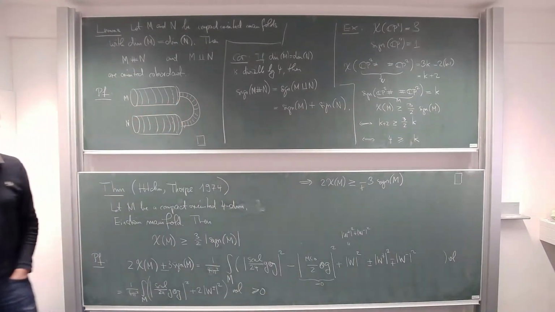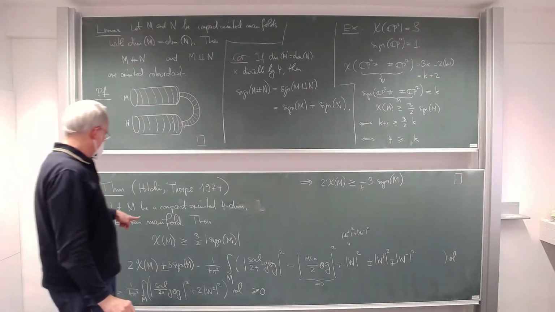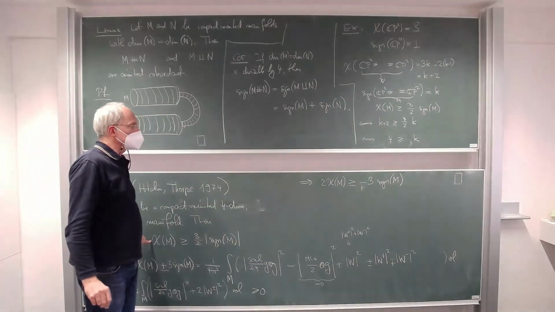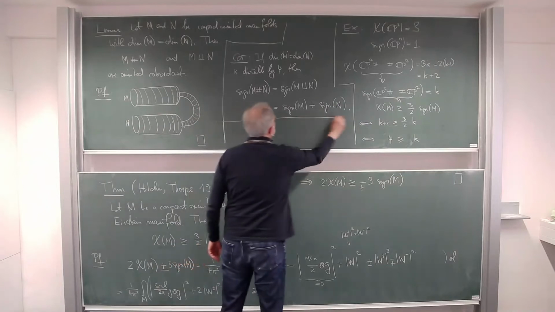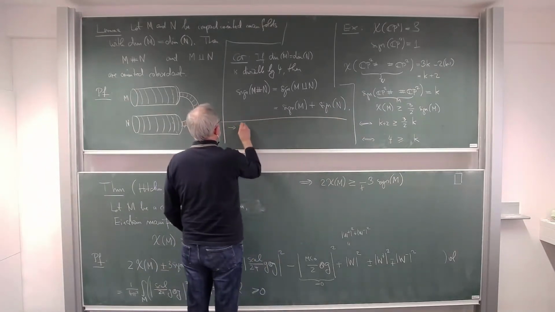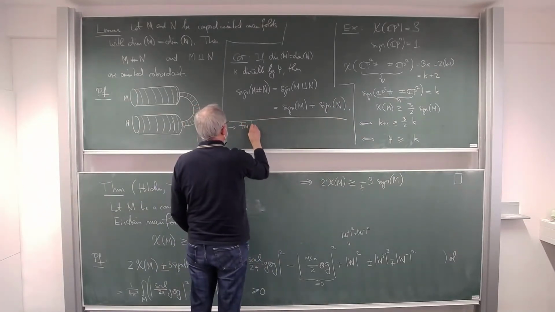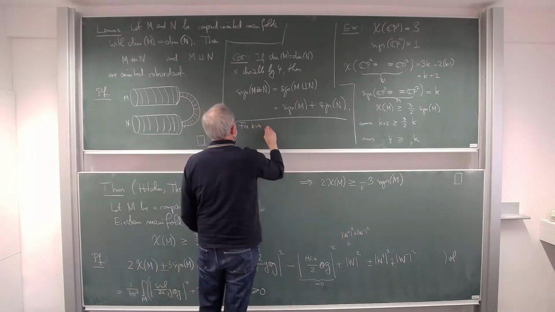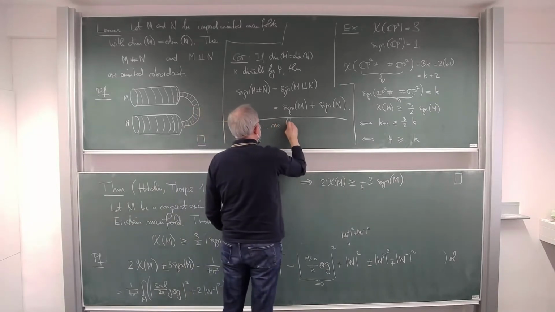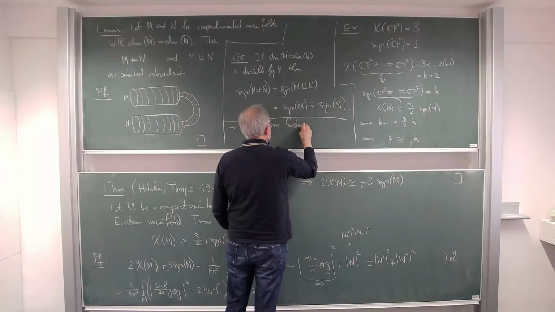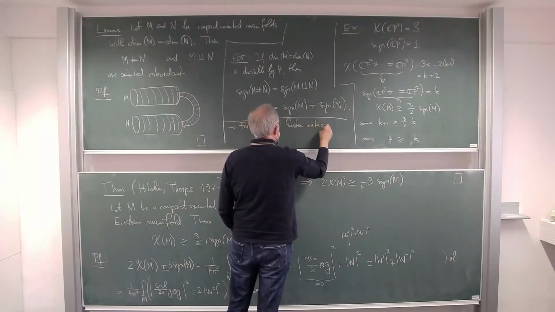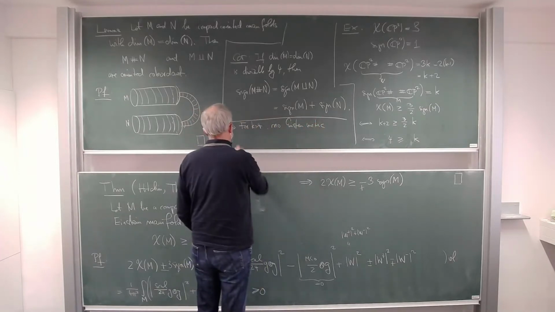So these are the values of k for which the inequality holds, and therefore, for k larger than 4, no Einstein metric on this connected sum.